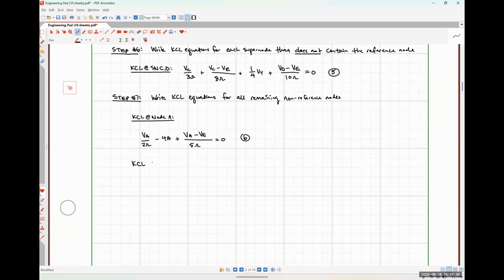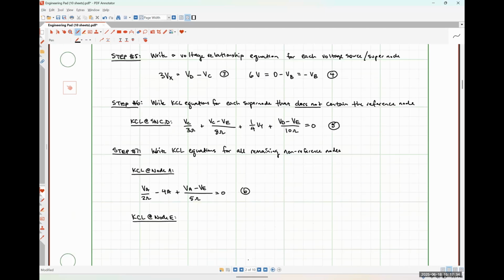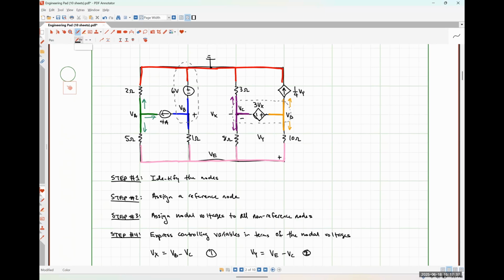Lastly, we're going to have KCL at node E. So that will be this current plus this current plus this current plus this current. So that's going to be VE minus VA over 5 plus VE minus VB over 1. Since my memory is garbage, I'm going to stop there.